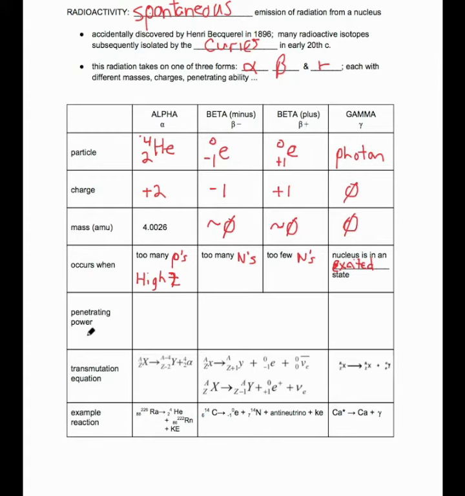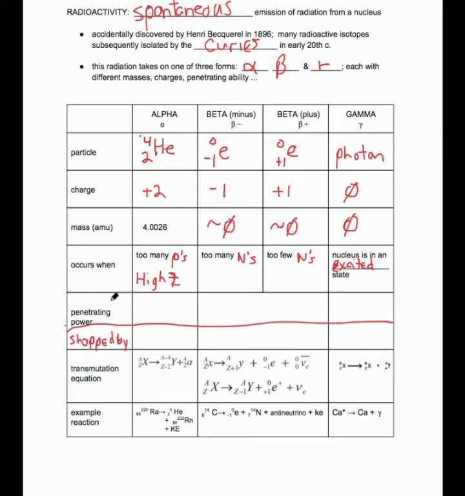Alright, the next basic fact you should know is the relative penetrating power, and actually I'm going to try to split this in half. We'll put a little subtopic here, stopped by. In other words, what does it take to stop these particles? These are all ionizing radiation.